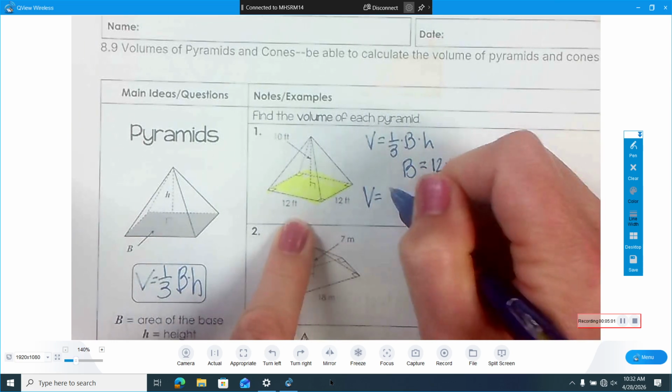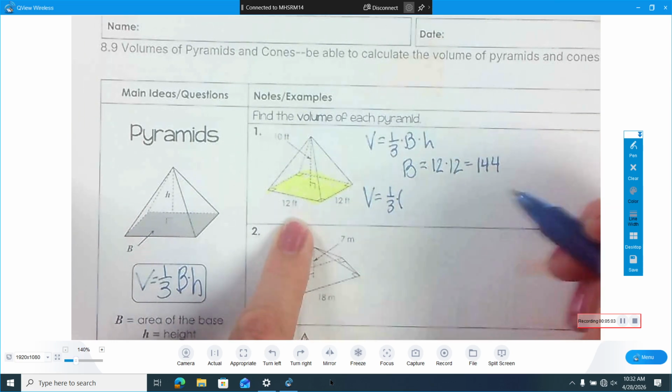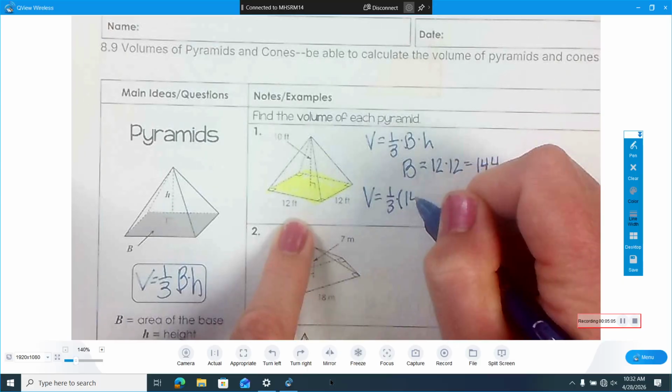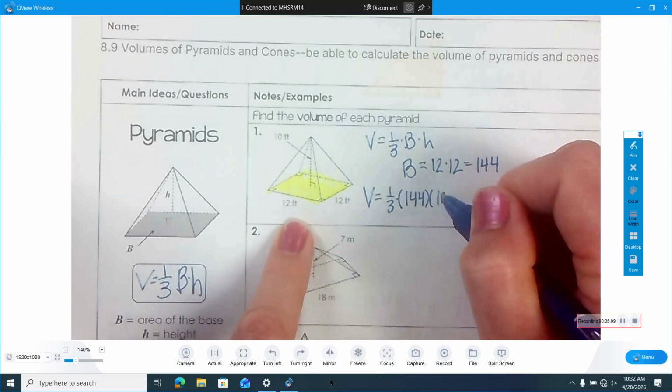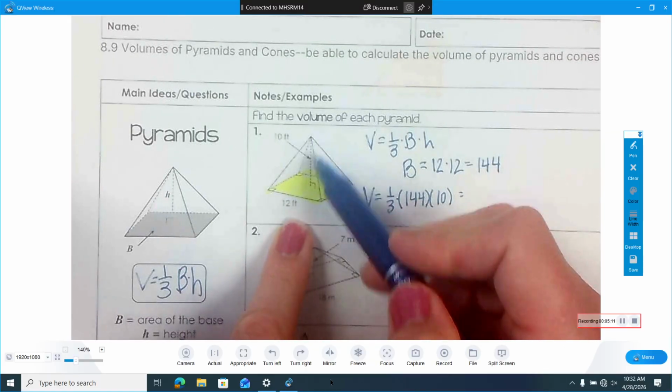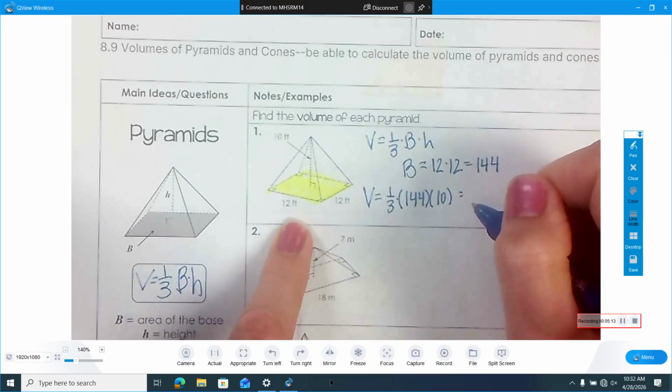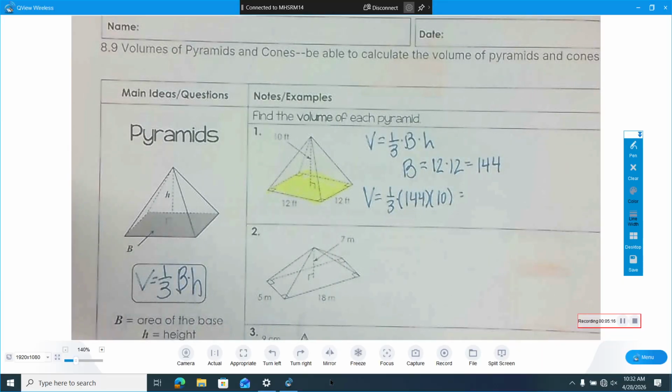So to find the volume, we have 1/3 times the area of our base, which is 144. And what's the height of our pyramid? 10 feet. So there's our 10 right there, the height to the tippity top. Will you please plug that into your calculators?